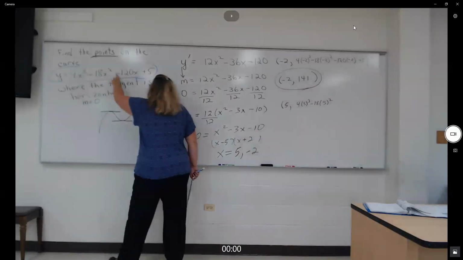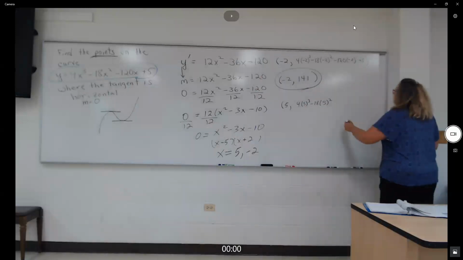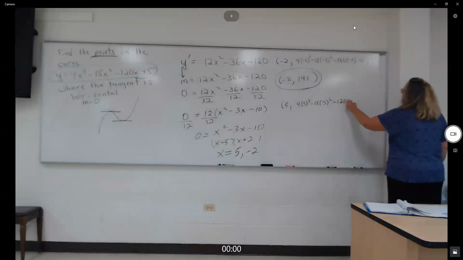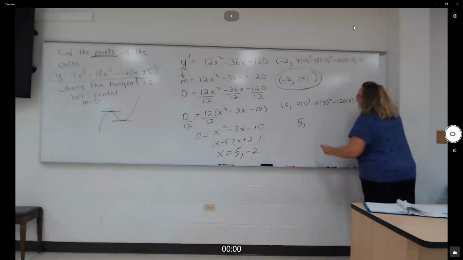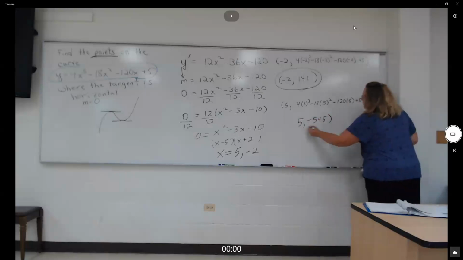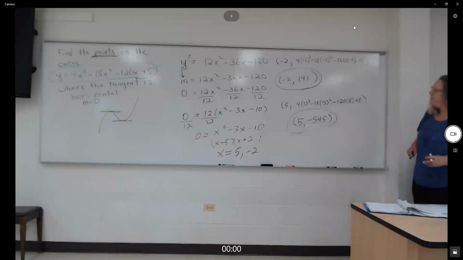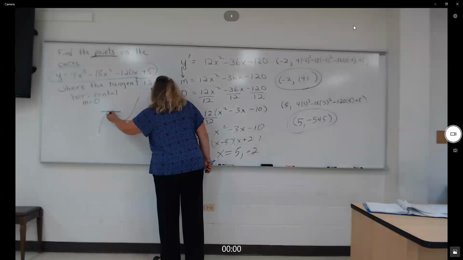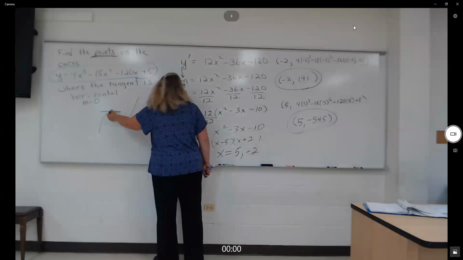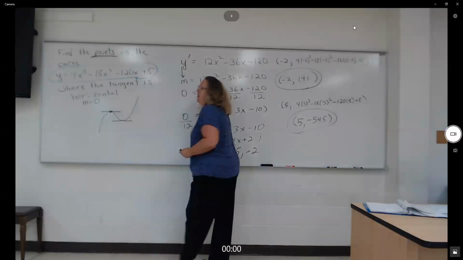So I'm next going to say negative 120 times 5 and then plus 5. And so my other answer is 5, and then it should be negative 545. So I found these 2 points, depending how accurate my graph is. There were 2 horizontals though: negative 2, 141, and 5, negative 545.